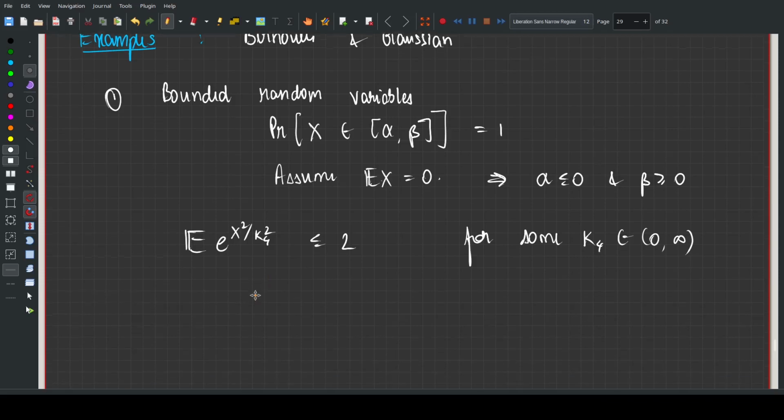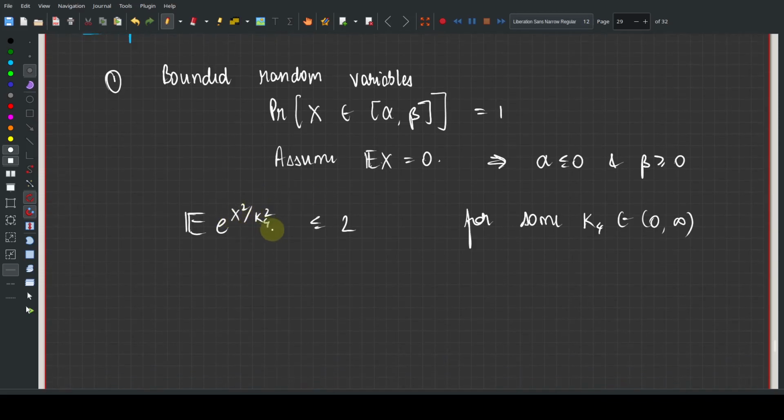So essentially, I want an upper bound on the expected value of e to the x square by k4 square. But I know that x is bounded in a certain range. So can I use a simple upper bound for this particular quantity? Great.